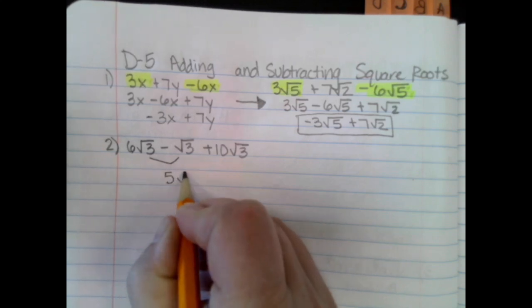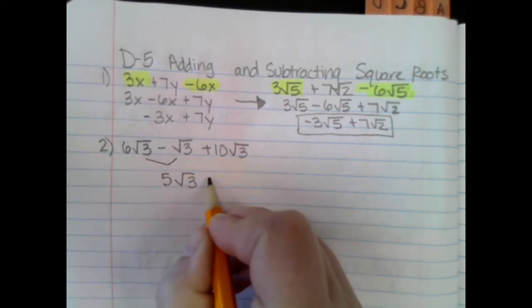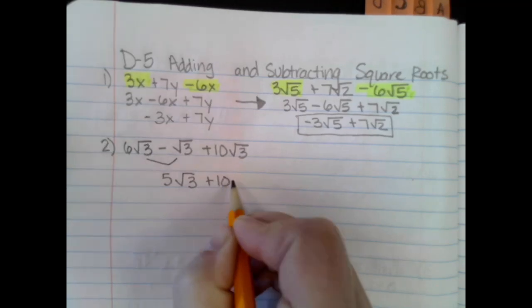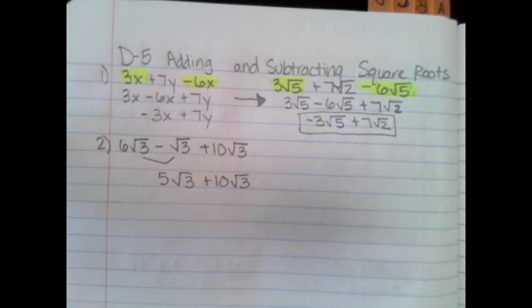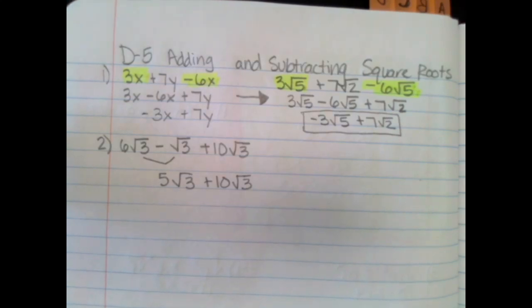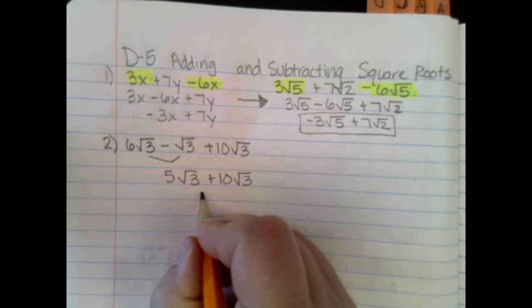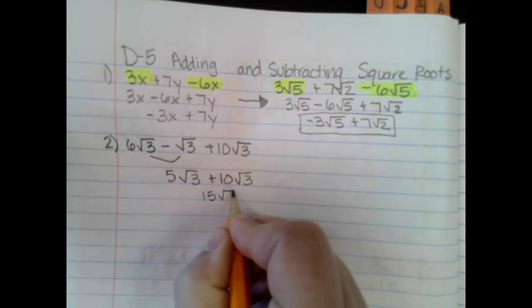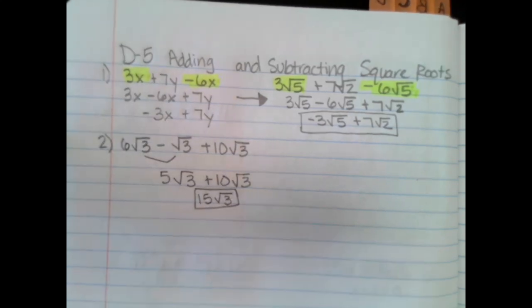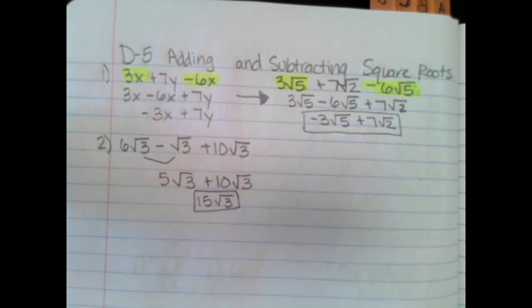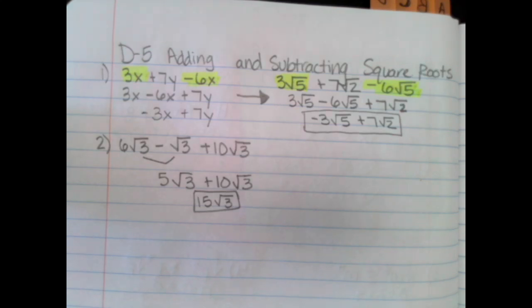So 5 square root of 3 plus 10 square roots of 3. How many square roots of 3 would that end up being? 15. So really it's just about adding and subtracting our coefficients today.